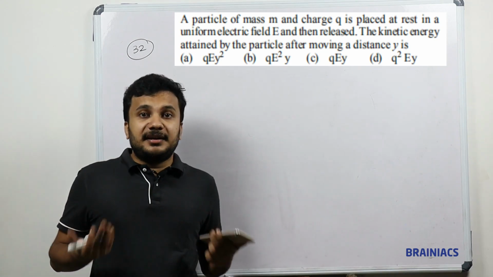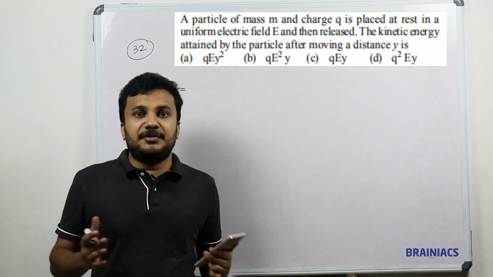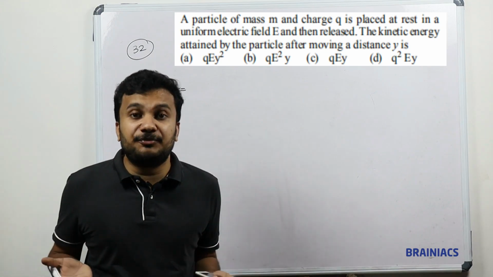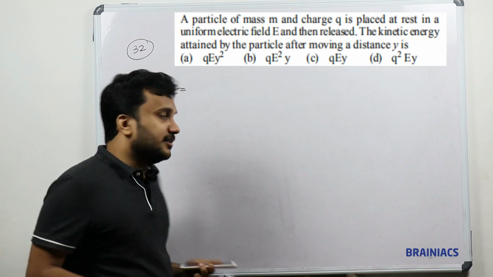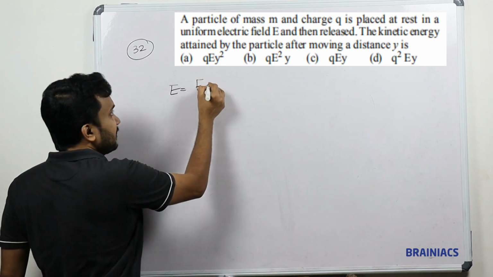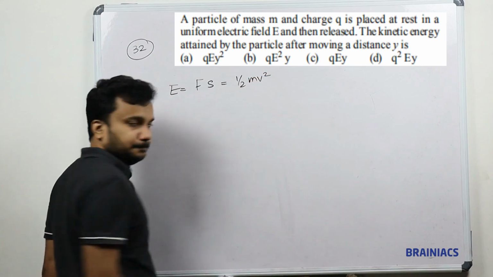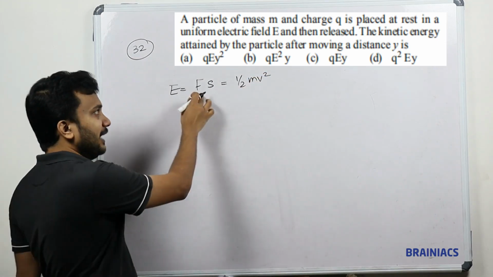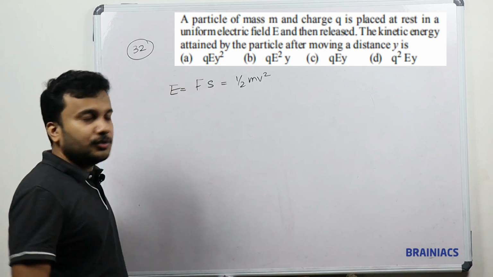Kinetic energy means the energy attained by the body when it is moving, and half mv square is a correct expression, but here we have no way to find out v. So what will we do? Kinetic energy will be equal to, in this case, force into displacement. The distance traveled by the body with the help of a force F is called work energy, and that energy is converted into kinetic energy.